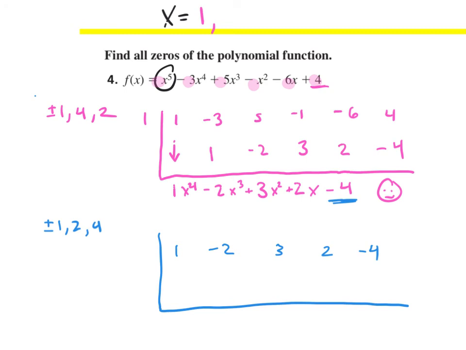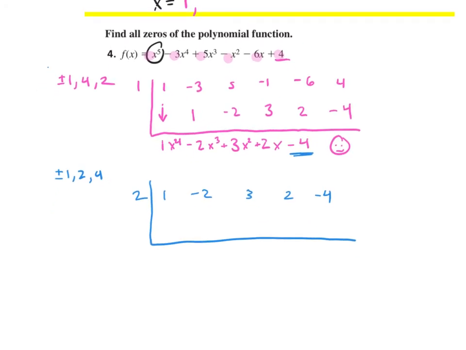Let's try 2. So we need to drop down the 1, multiply, add, multiply, add, multiply. Doesn't work.